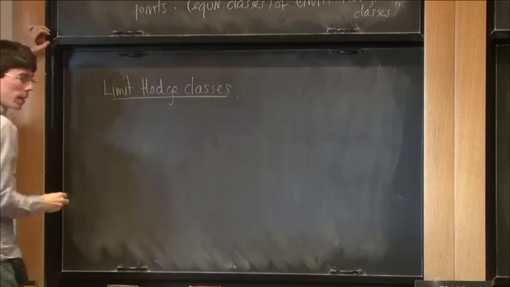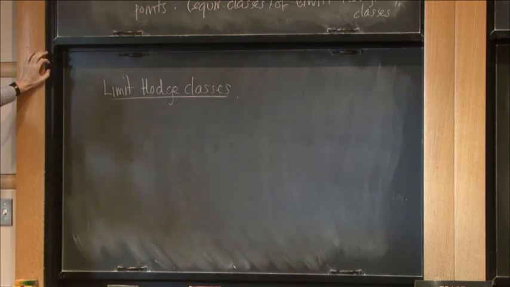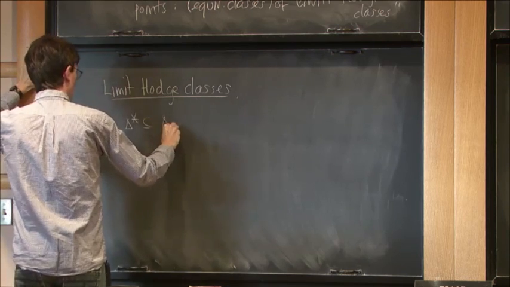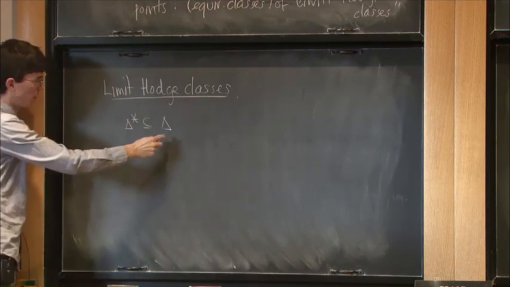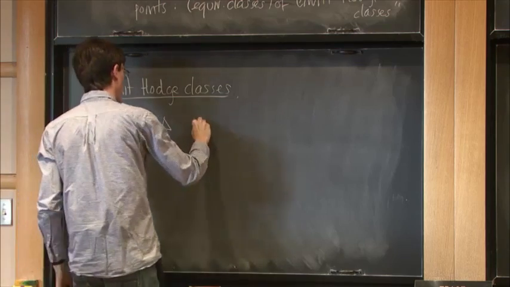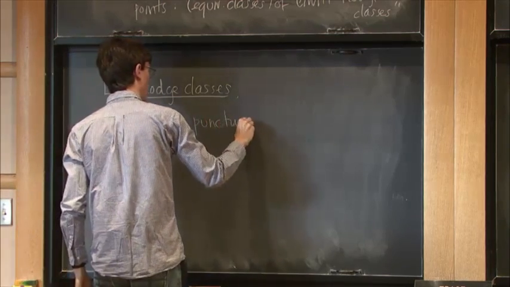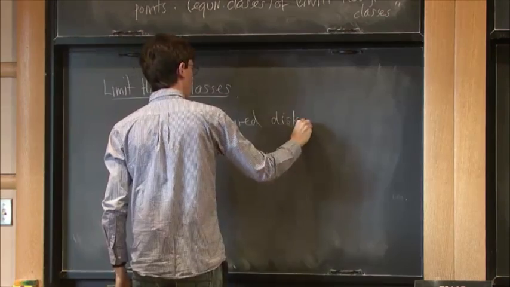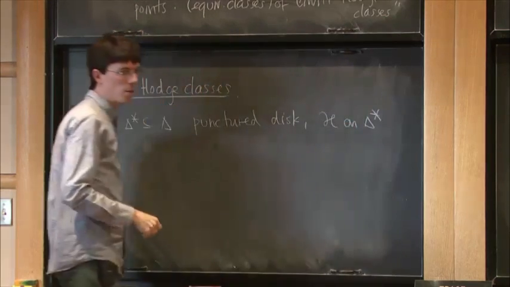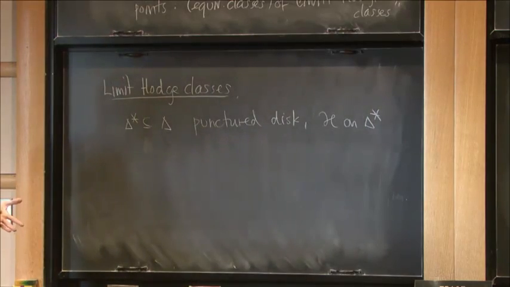The first case to consider is just the case over a punctured disk. So let's look at a punctured disk of some radius: a little disk, and then I look at the complement of the origin. And then I have some H on delta star, an integral variation of Hodge structure of weight 0.